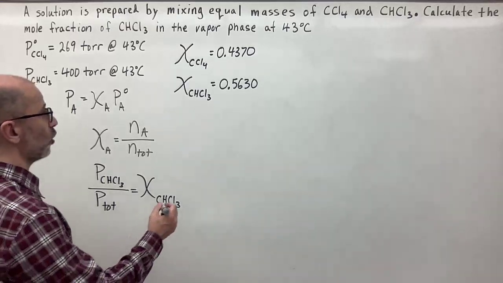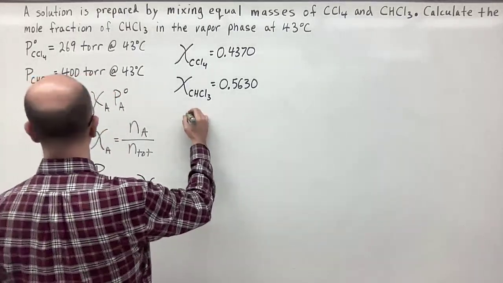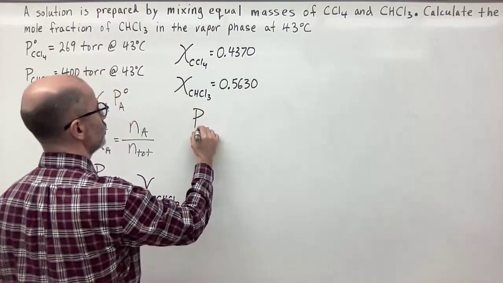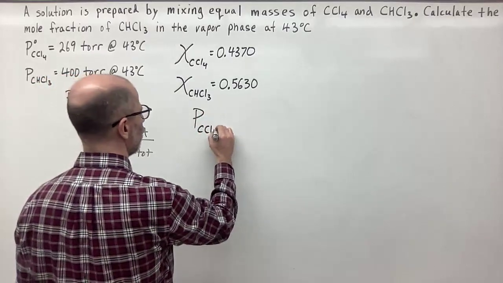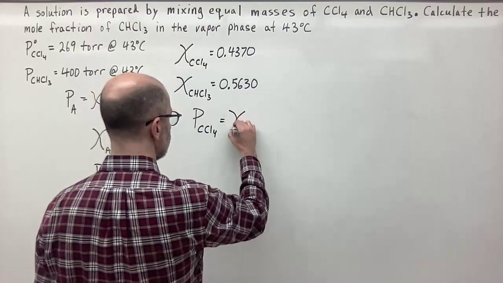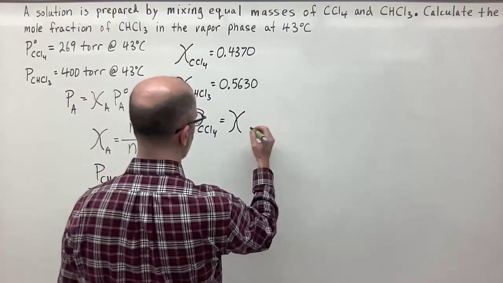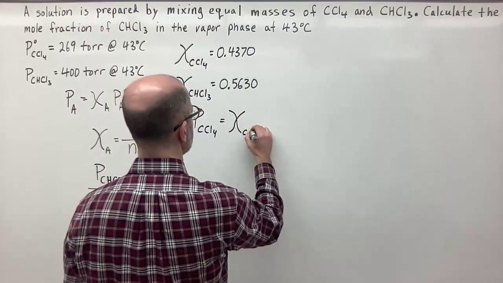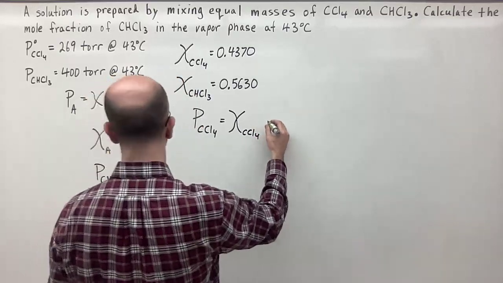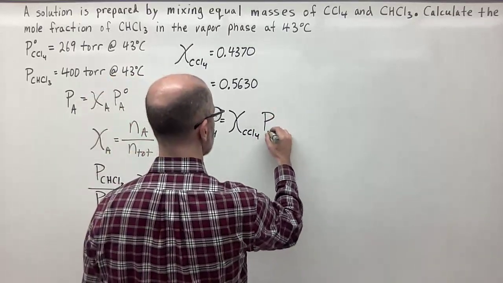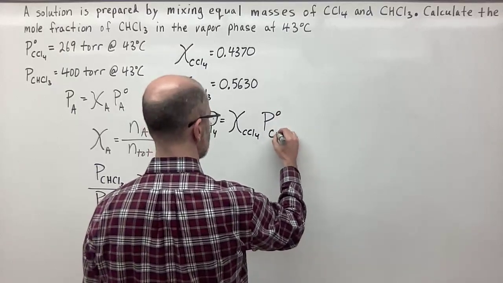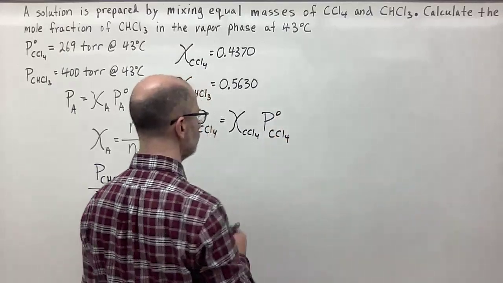Okay, so we're going to use Raoult's law. The partial pressure of CCl4 is equal to the mole fraction of CCl4 times the pressure of the pure substance CCl4.